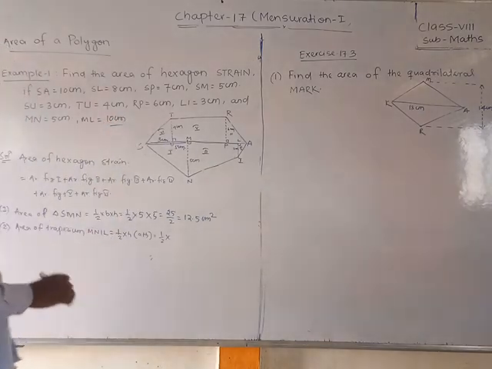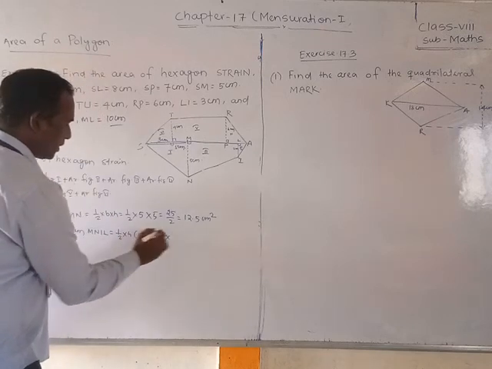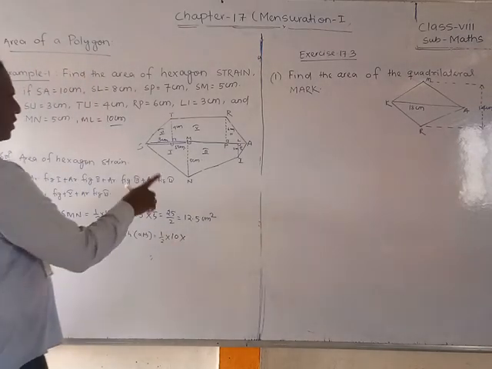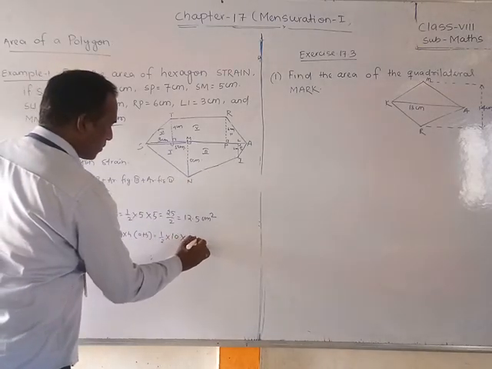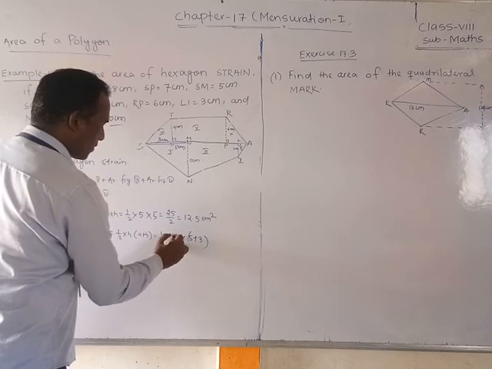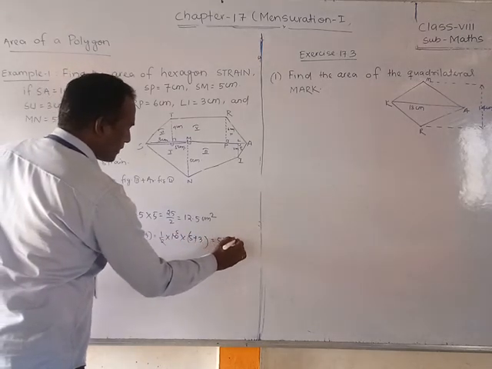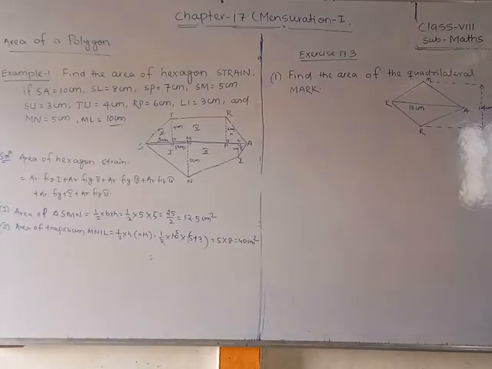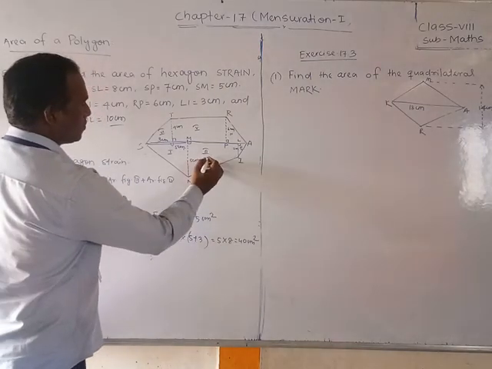Now we can take ML also 10 centimeter. So ML is the height, 10 centimeters, into a plus b. How much will we get? A plus b, this is a, this is b, so 5 plus 3. So now it is equal to 5 into 8, which is 40 centimeter square. So this we got.